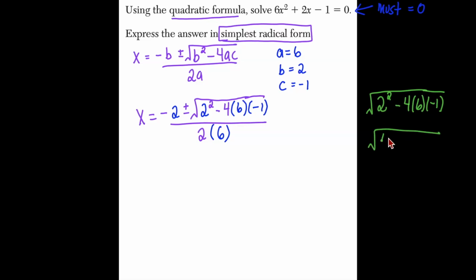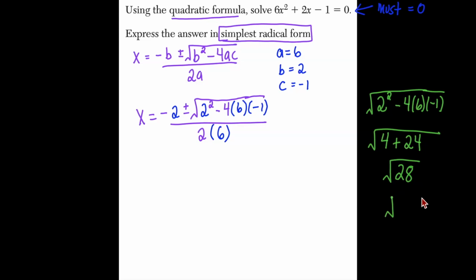2 squared is 4 minus, I've got 4 times 6 is 24, multiplied by negative 1. So this is actually going to turn into plus 24, which is the square root of 28. Now, when it talks about simplest radical form, I do have to simplify this by looking for factors that are perfect squares.